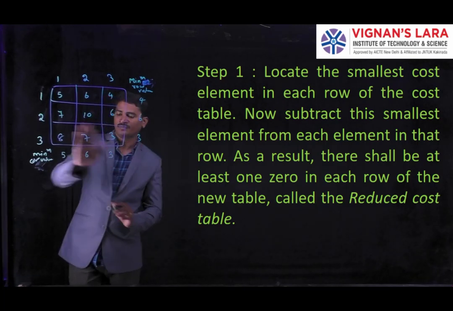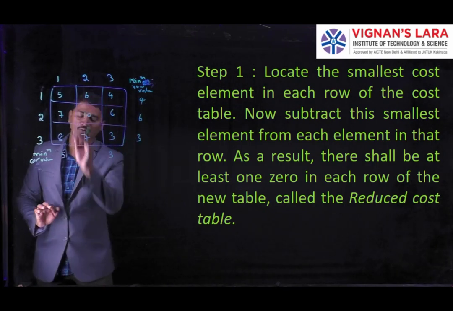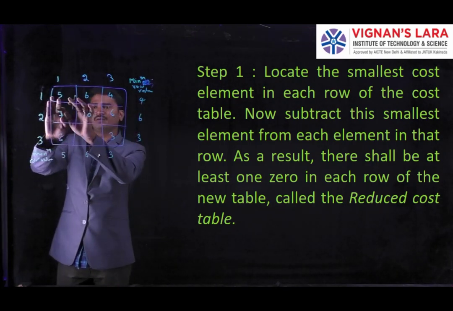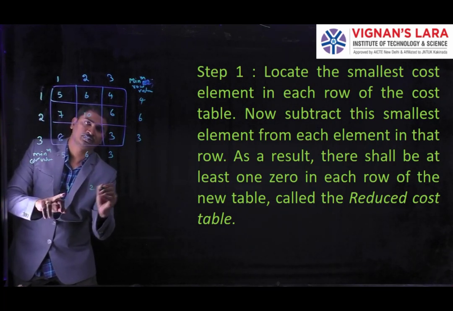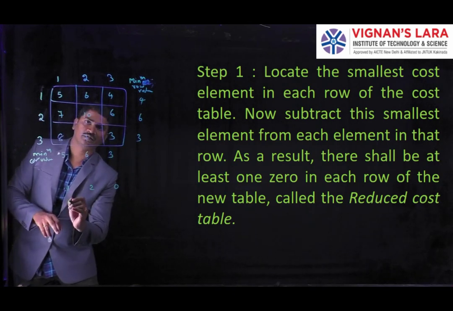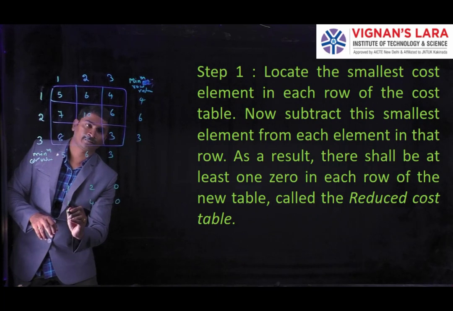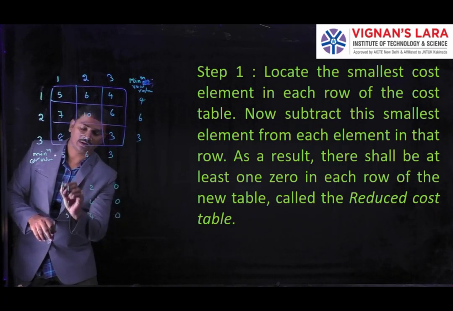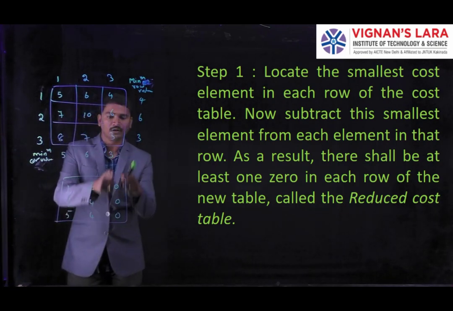For example, if I take this minimum value in the row, after subtracting this value what do we get? 1 here, 2 here, 0, like this. Here 1, 4, 0, and here 5, 4, 0. After row subtraction we get zeros in the third column.